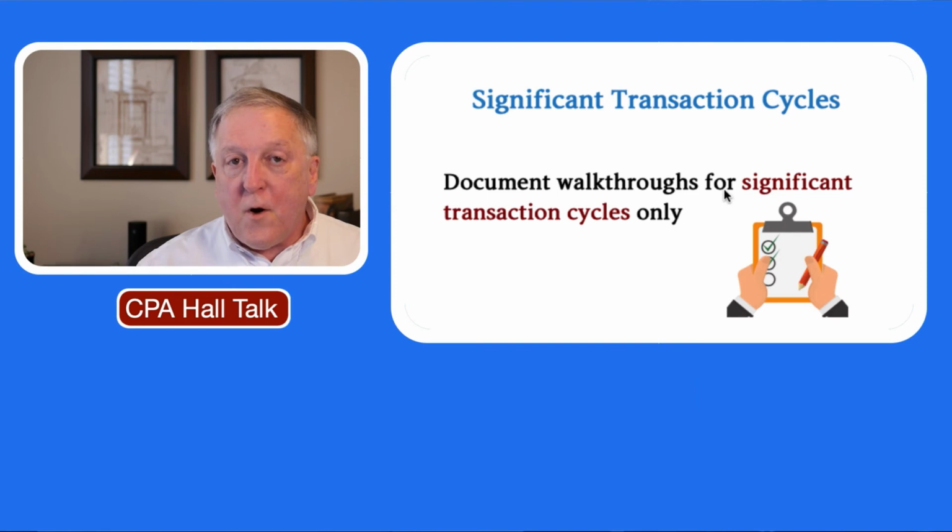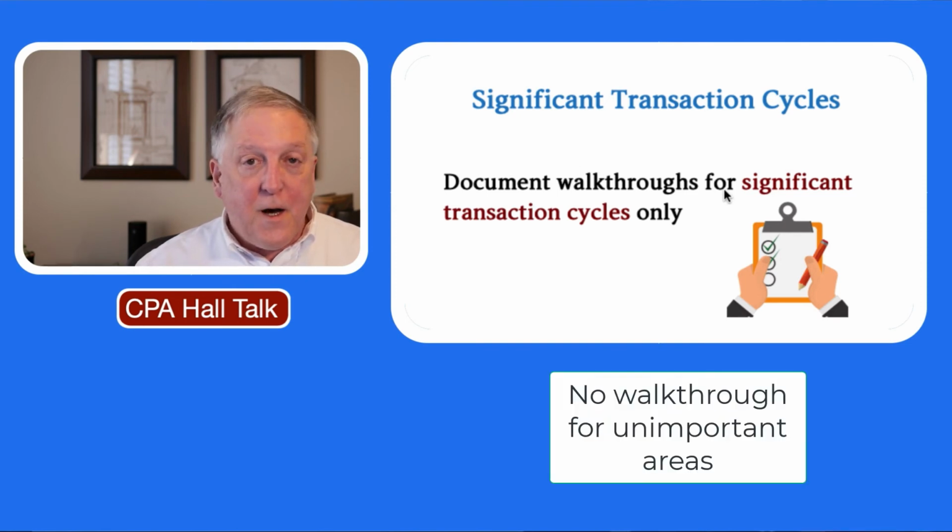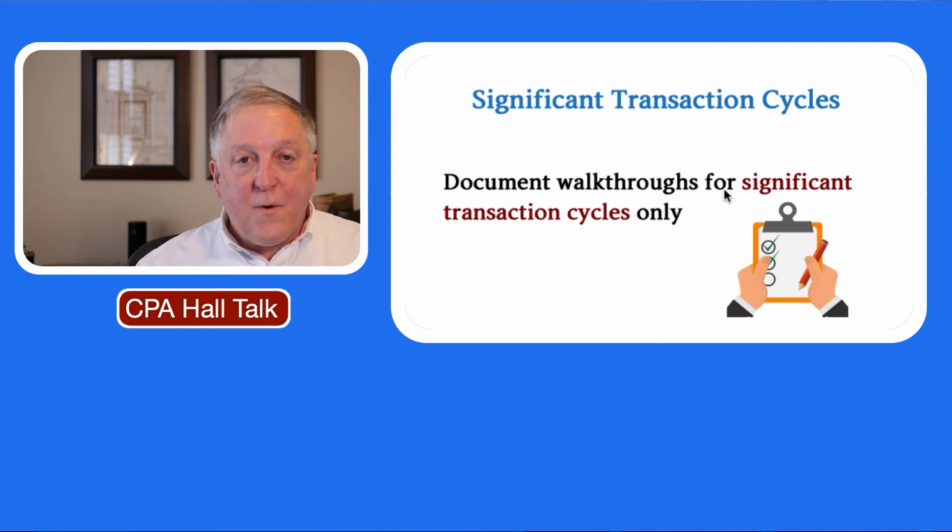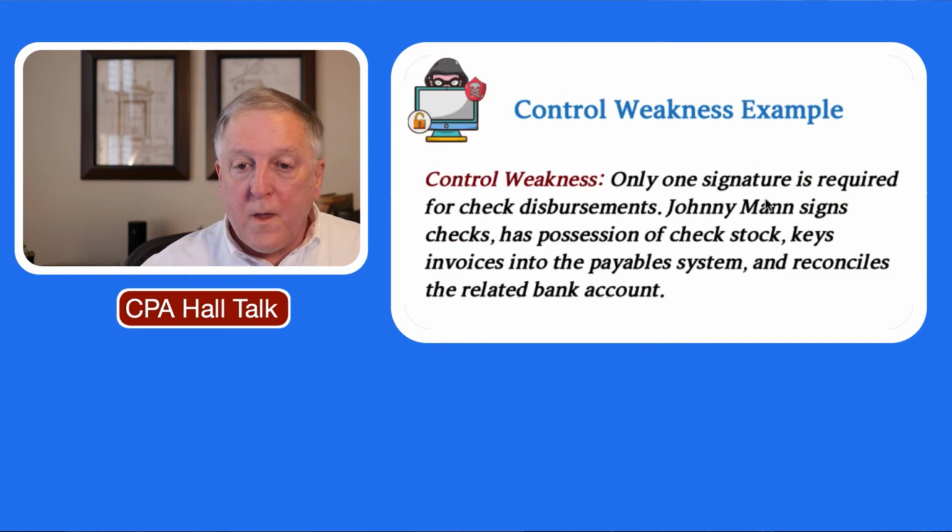You don't need to do a walkthrough, say, for prepaid assets if it's not material and it's not significant. We do the walkthroughs only in relation to those transaction cycles and account balances and disclosures that are significant. So you need to make that determination before you start doing walkthroughs.